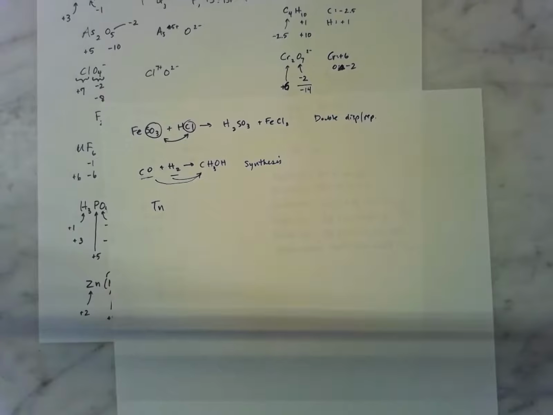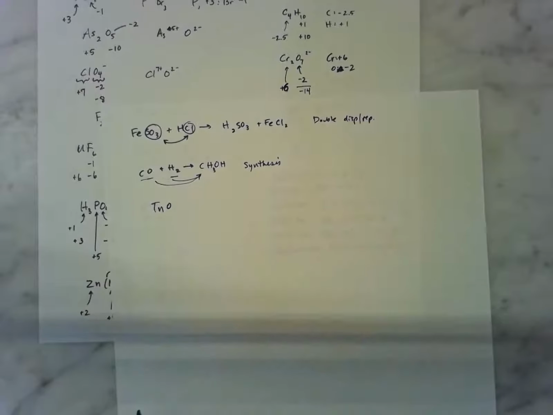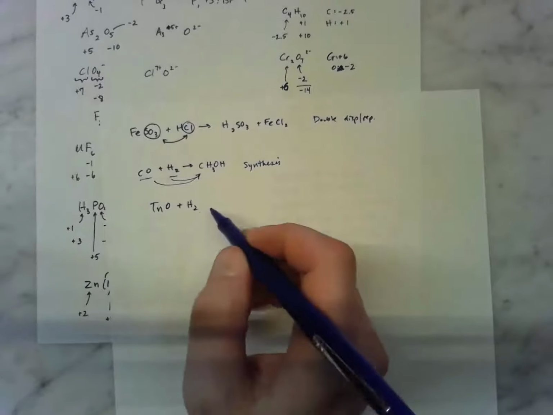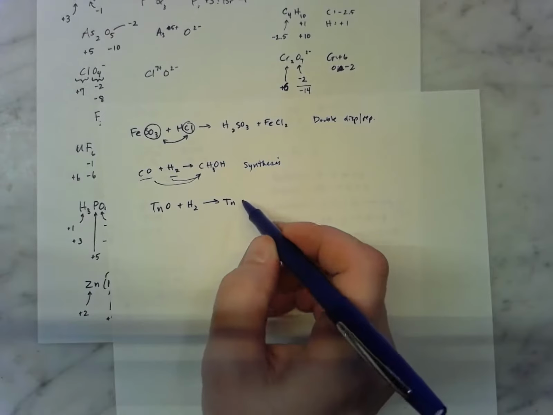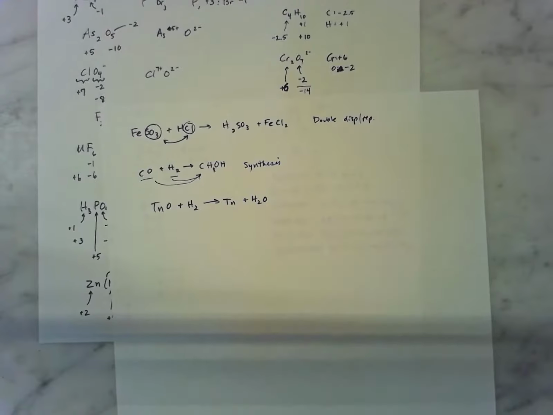All right, tungsten oxide, we'll just pretend it's TN, with hydrogen gas to produce tungsten metal and water. All right, so what's going on there?